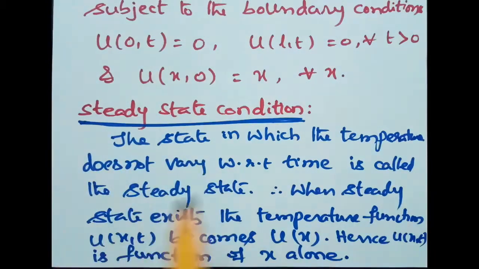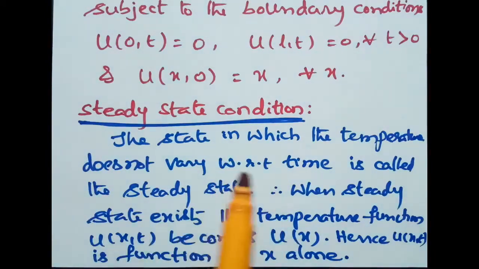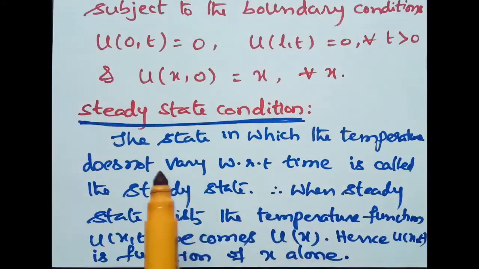Suppose a rod is heated at both the ends by a constant temperature C1 degrees and C2 degrees respectively. After some time, there is no change in the temperature. That means the temperature remains constant in the rod after some time.